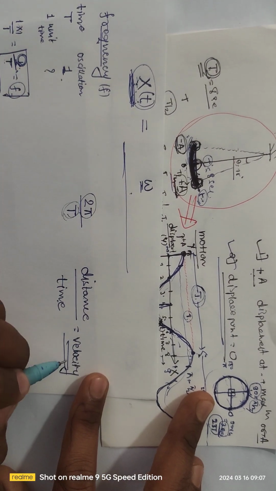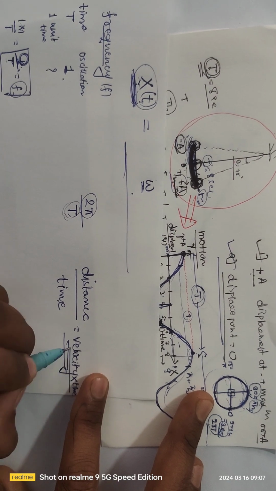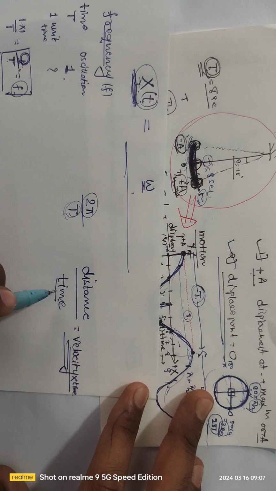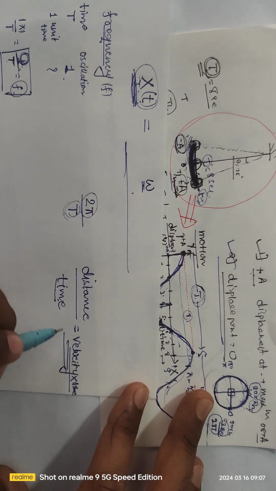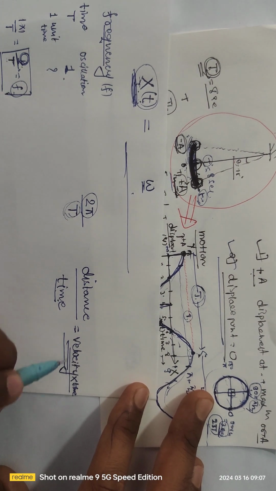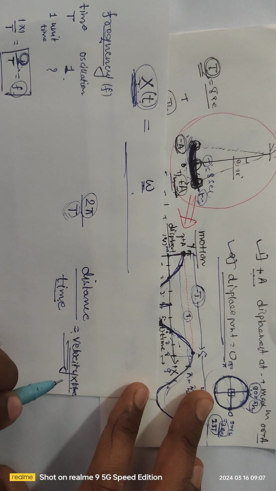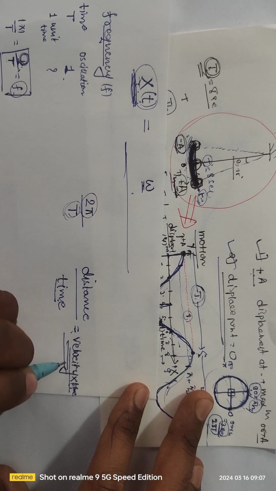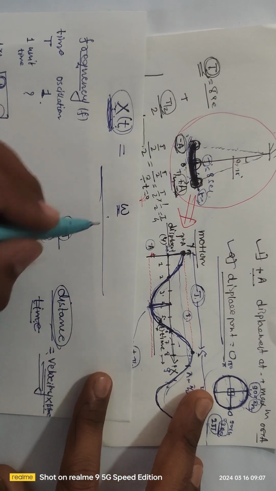If I multiply velocity with time, or I take the time from the denominator to the opposite side of the equation, velocity into time is called the distance.